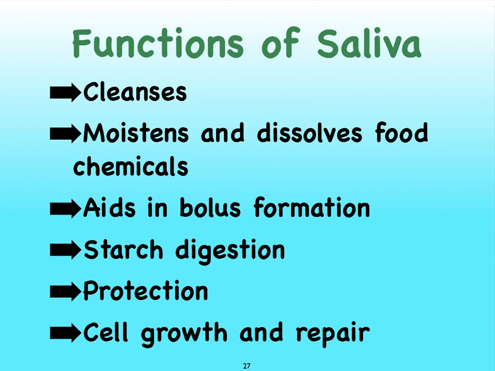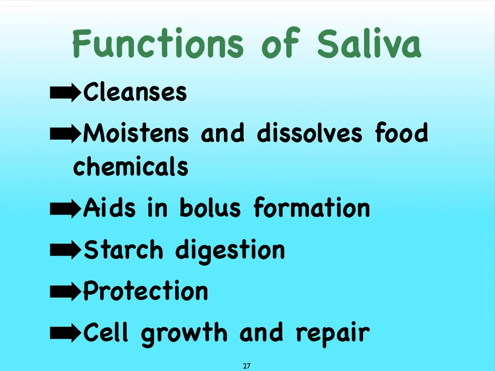So based on all of the components that we just went over, coming up with the functions of saliva shouldn't be all that difficult. Clearly, it's going to cleanse our mouth with the help of the pH and the other protective mechanisms. I mentioned protection again a little bit further down. Cell growth and repair.